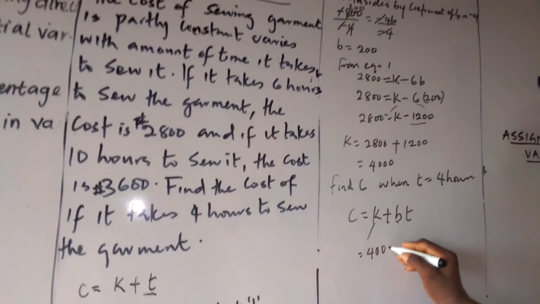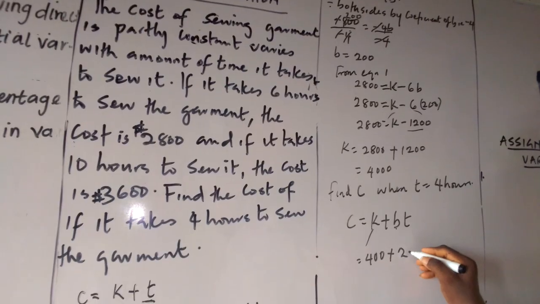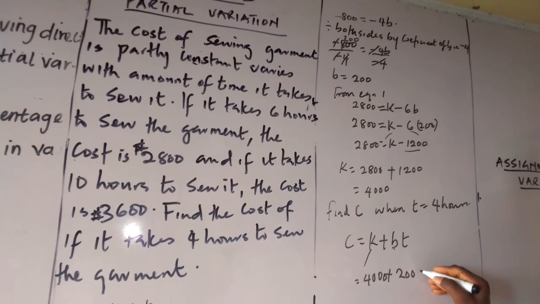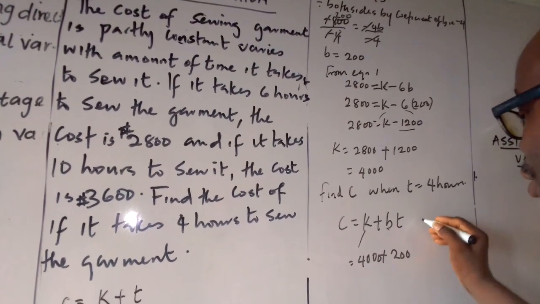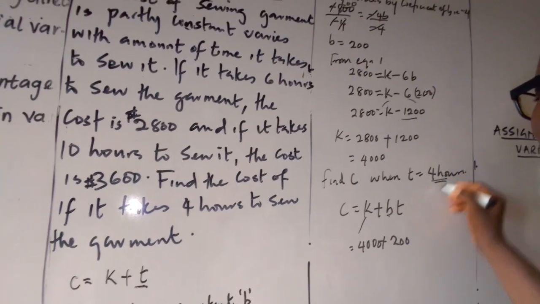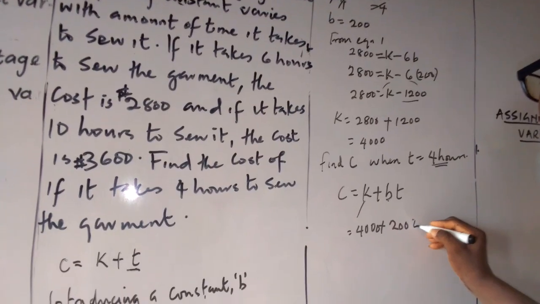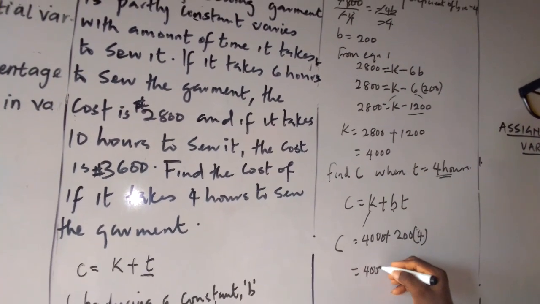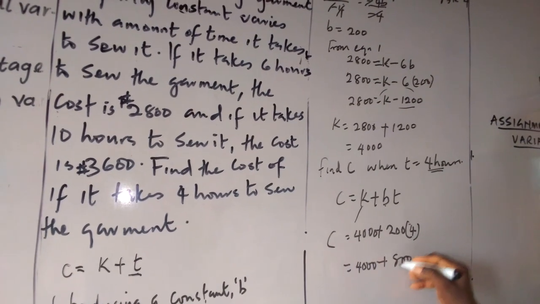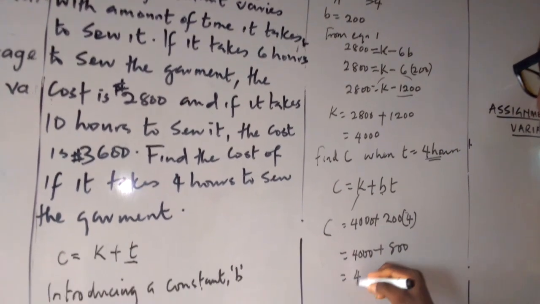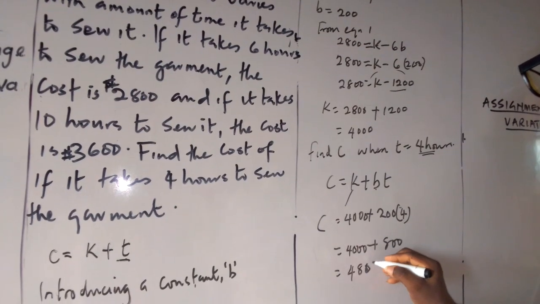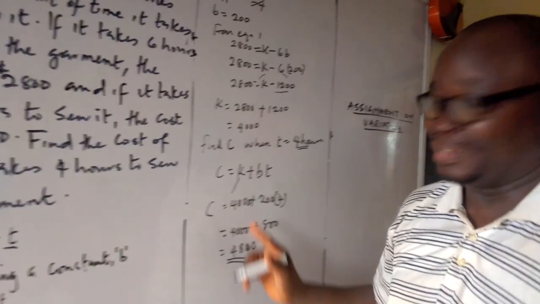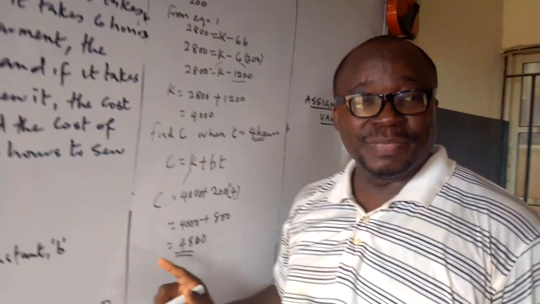The second constant B is 200, times the time in question, 4 hours. The cost is what we are looking for. So we now say 1,600 plus 800. So the cost will now be 2,400.